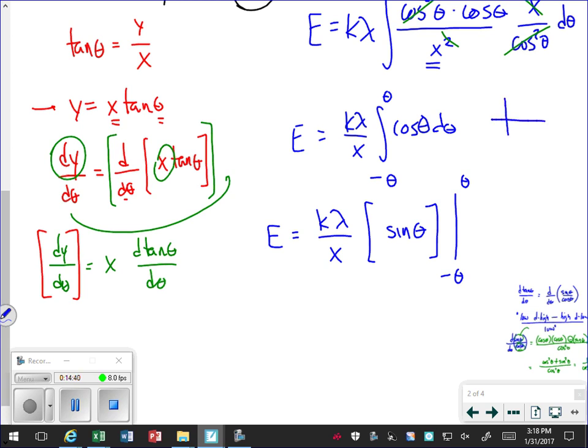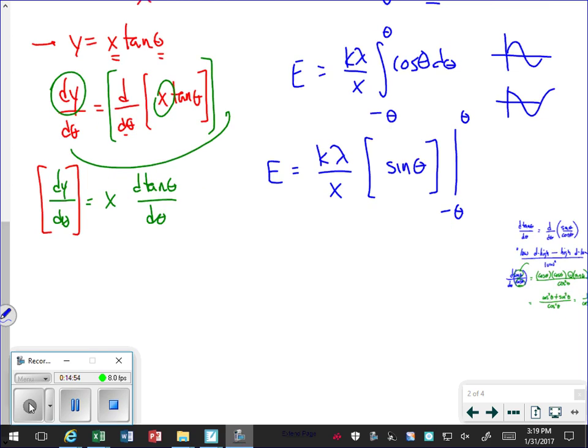I always have to check. Sorry, I just had an integral moment. Was there a negative in here or not?